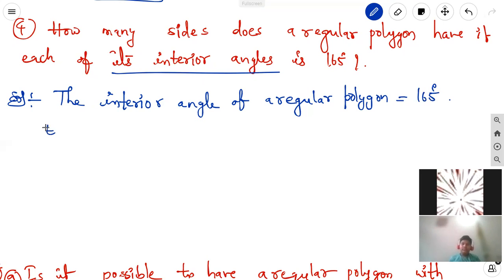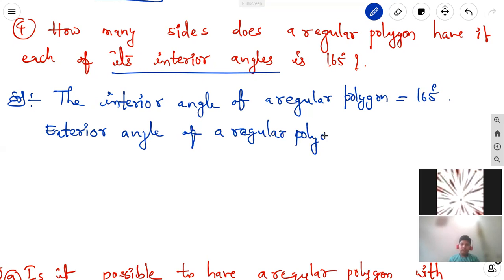From this, we can find out the exterior angle. Exterior angle of a regular polygon equal to 180 degrees minus 165 degrees. We are getting the exterior angle. This is equal to 15 degrees.